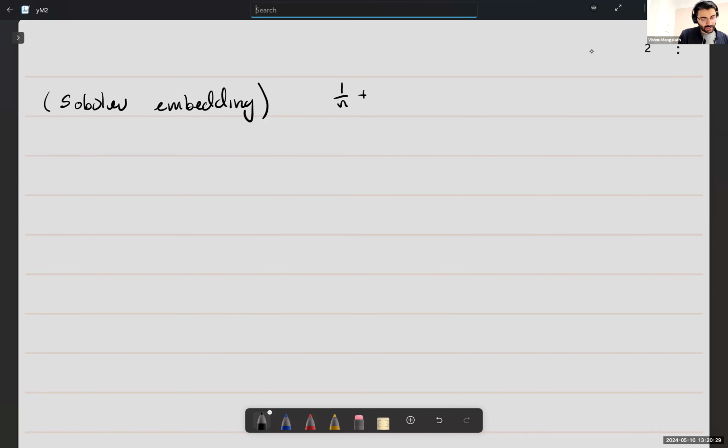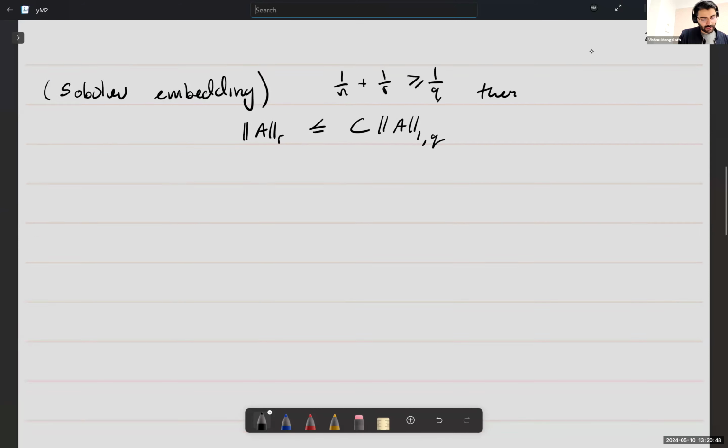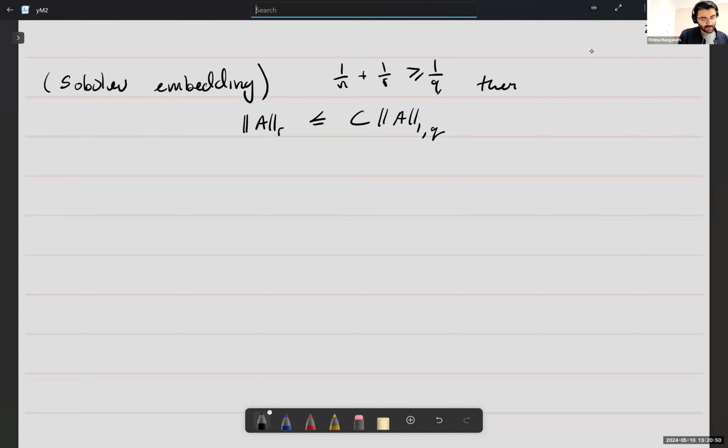If 1 on n plus 1 on r is greater than or equal to 1 on q, then the norm of A in L^r is less than or equal to C times the norm of A in W^{1,q}. We just need that part of it, and then we also need this regularity. In this case it's just a d operator, but you can conclude this, I think, from looking at the Hodge Laplacian.